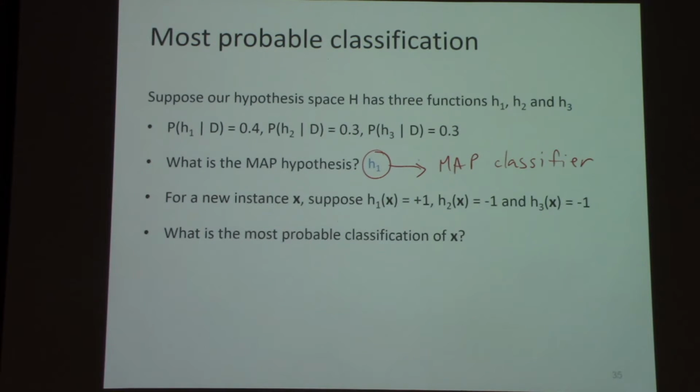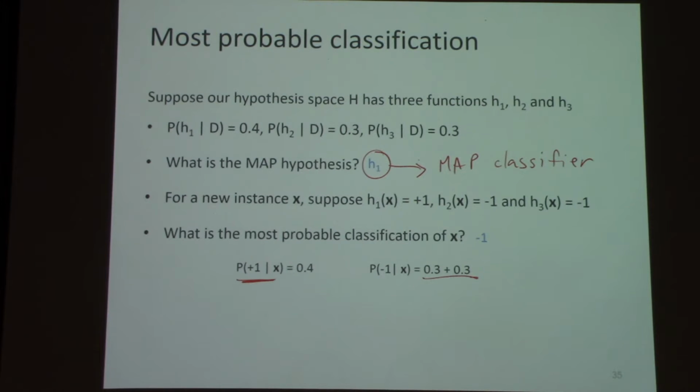On the other hand, I could ask, what is the most probable label for X according to this hypothesis space? So the probability that the label is plus is 0.4. Why? Because you can get plus only through H1. On the other hand, H2 and H3 both predict minus.